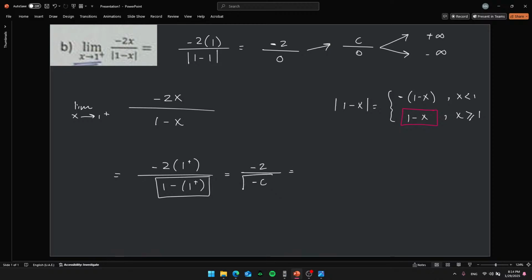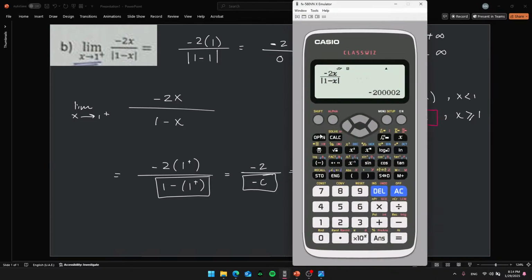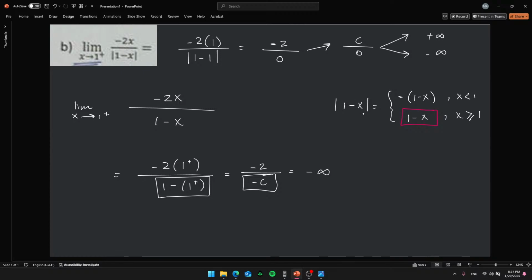So whenever you get a negative number out of this process, or maybe a positive number, you know that it's negative infinity. I think so. Yeah, don't bother yourself with the numerator, okay? Just look at the denominator.